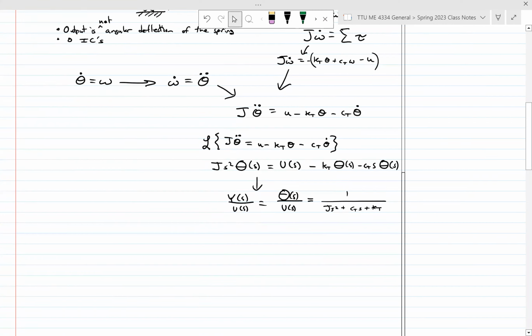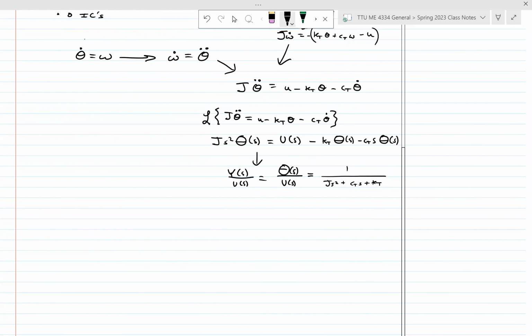One last thing I want to touch on for translational or rotational systems is our gears. Gears are like inertias that don't have any inertia, right? So we can make some approximations about their dynamics. And the way I'm going to do gears in this class, I'm going to keep it pretty basic.